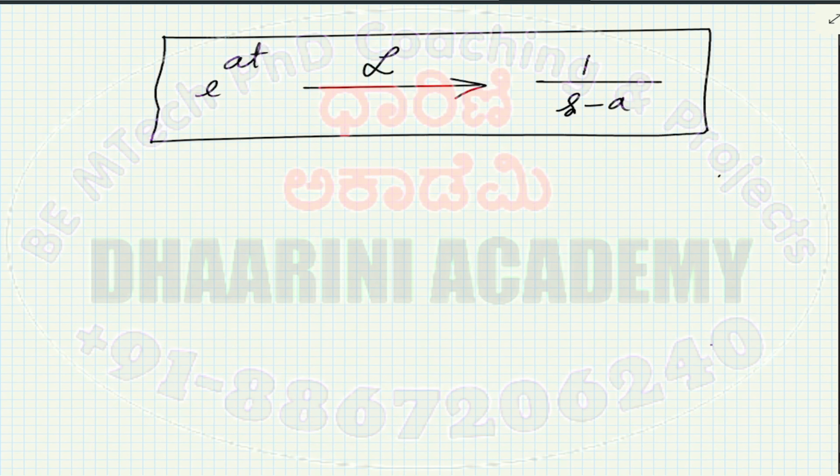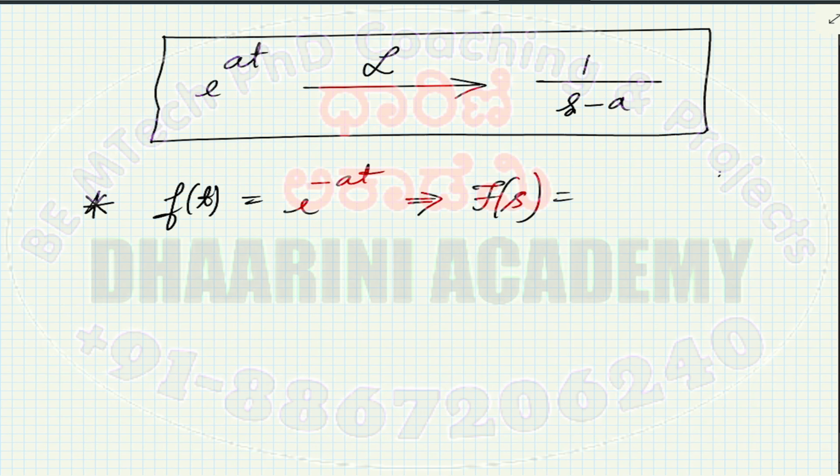Now let us proceed. The next standard function is e to the power. We wrote plus at, so the next function will be minus at. That is, f of t is equal to e to the minus at. Very similar to the previous example, right? We can solve this, and what we get, I'll write here: the capital F of s comes to be 1 divided by s plus a.